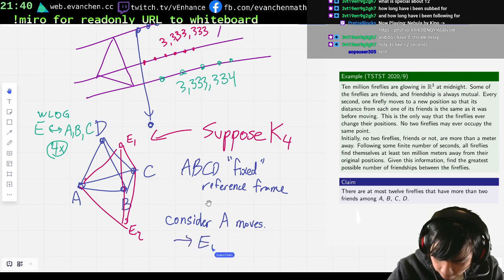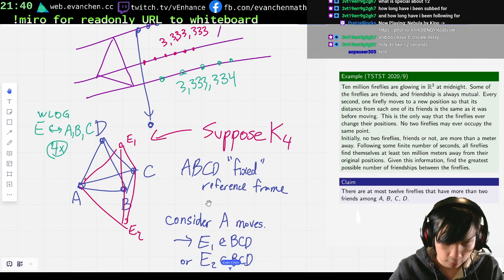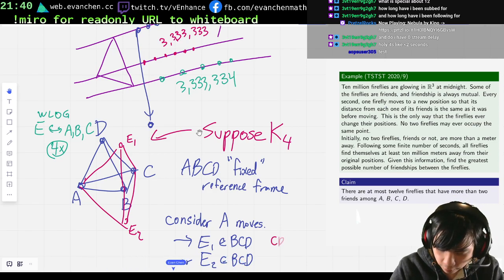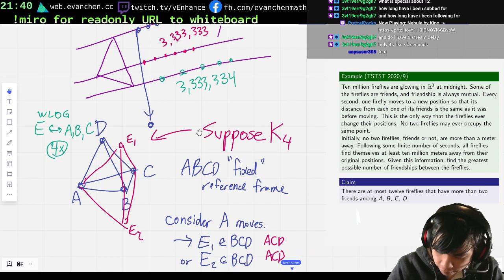So either E1 is in BCD or E2 is in BCD. And then similarly for ACD, and similarly for ABD.